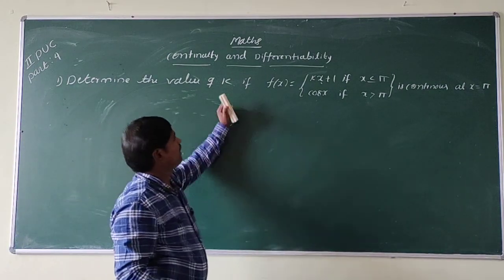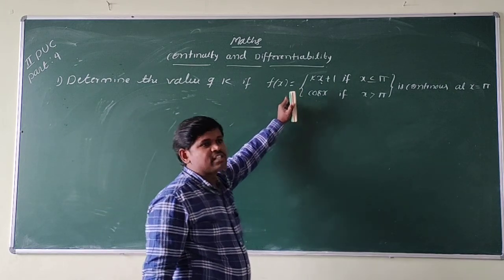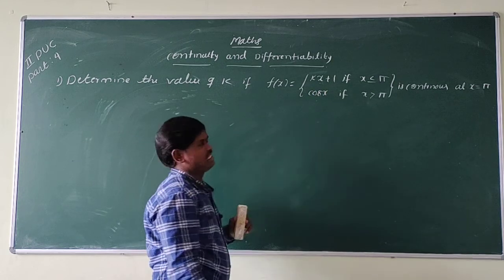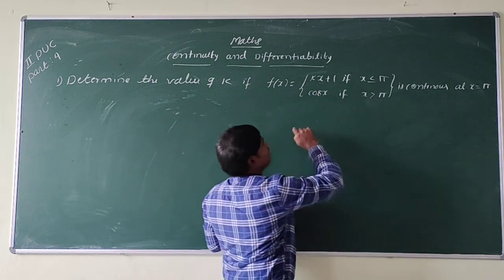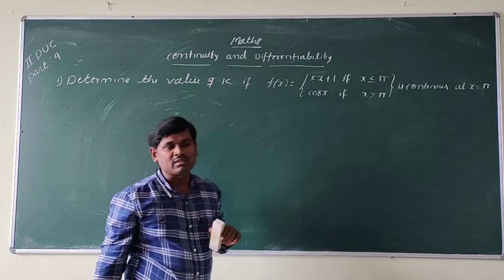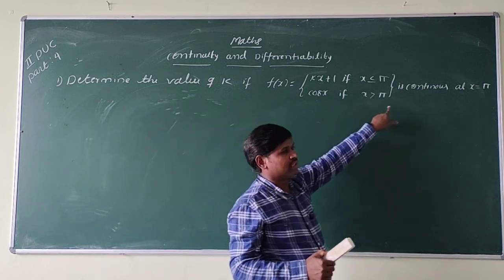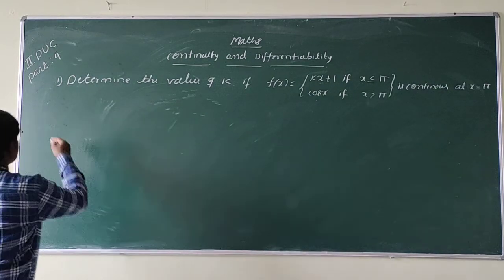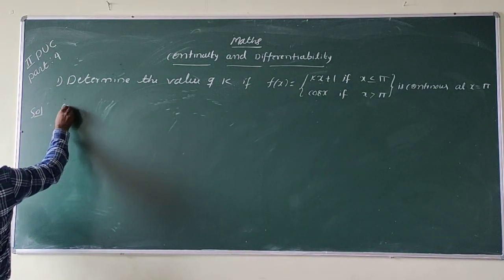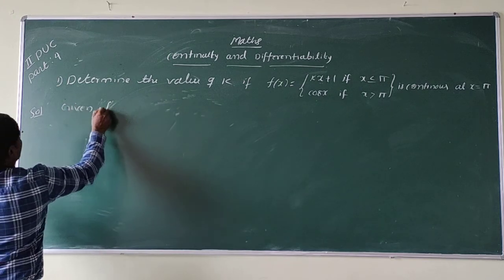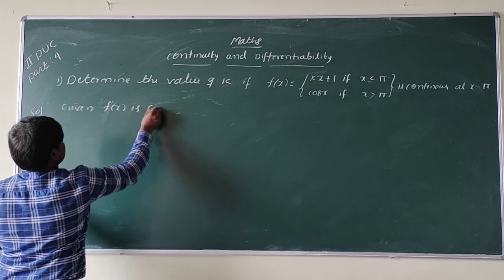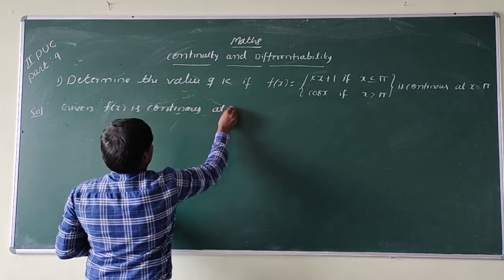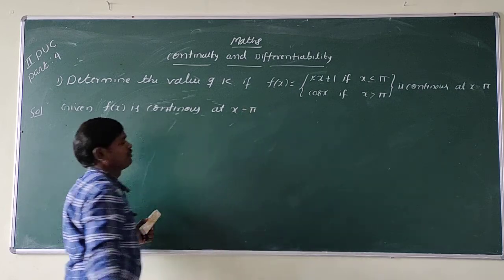So we are going to find the value of k in the given function, f of x is equal to k into x plus 1 if x is less than or equal to pi, and cos x if x is greater than pi, continuous at x is equal to pi. Solution: given f of x is continuous at x is equal to pi.